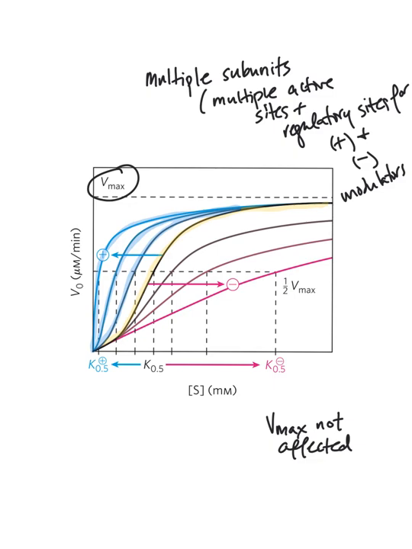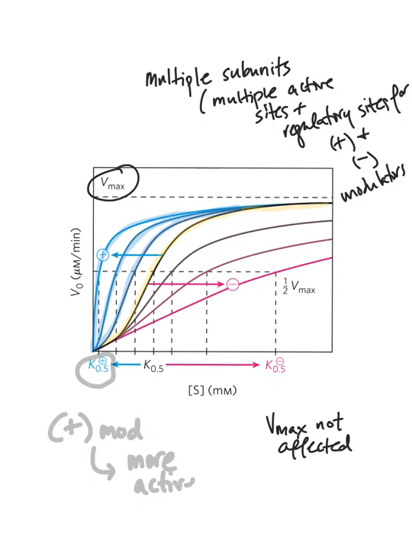You see that the K0.5, which represents the substrate concentration at half maximum velocity, you can see that gets smaller and smaller with more and more positive modulator, because the positive modulator is making the enzyme more active.